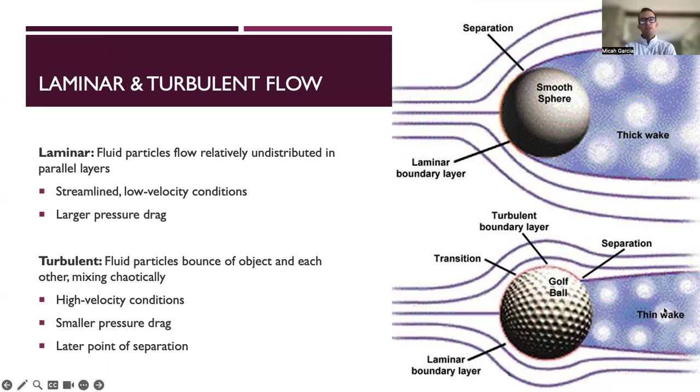So this ends up reducing the pressure drag, so the ball is not slowed down as quickly. So this kind of chaotic buffer essentially that's formed around the ball by having those dimples is actually protective, because now it reduces the wake behind the ball, then there's less drag force.